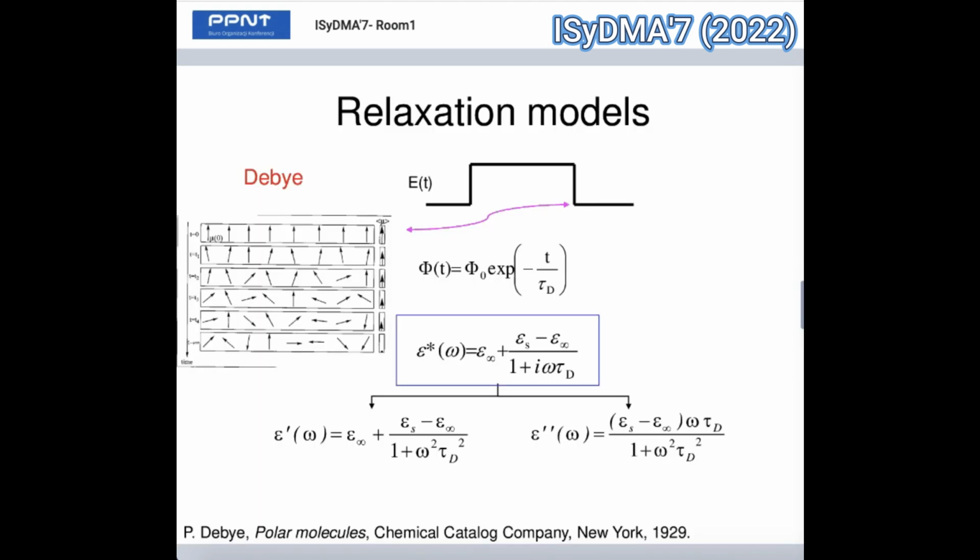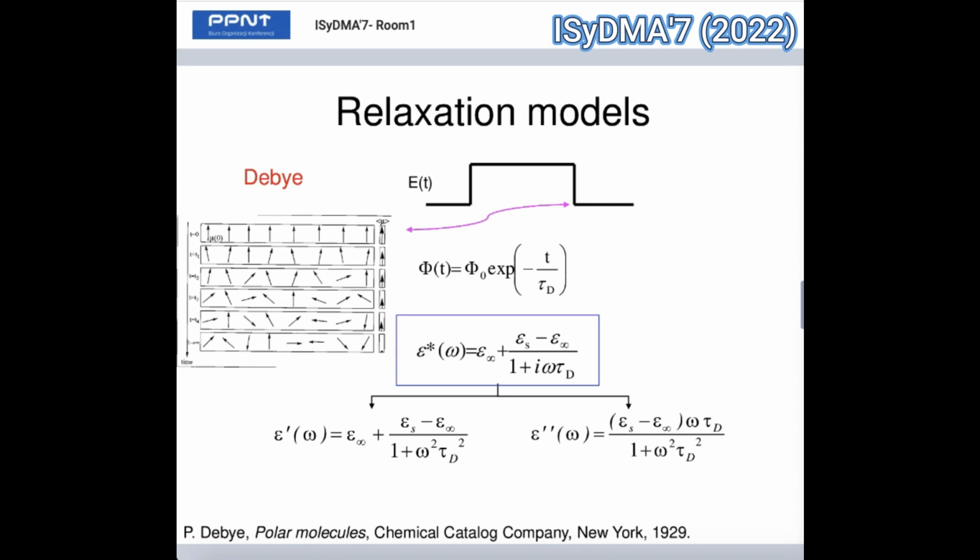So starting again with this simple model, that is the model that corresponds to this pure exponential depolarization in the time domain, that as we saw corresponds to this representation in the frequency domain. Okay, and we can do simple calculus to have the real part epsilon prime and the imaginary part epsilon double prime.